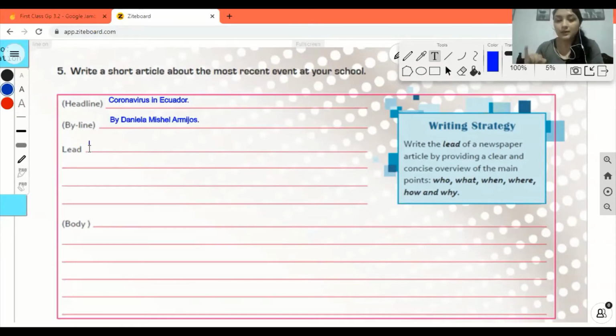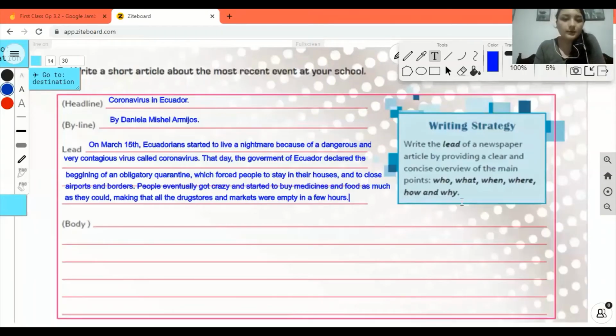Remember that the lead has to contain the answers to the questions who, what, when, where, why, and how. Okay, guys, the first part, the lead paragraph, is complete.